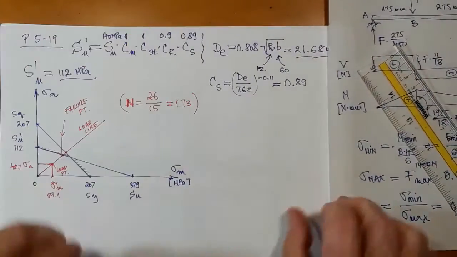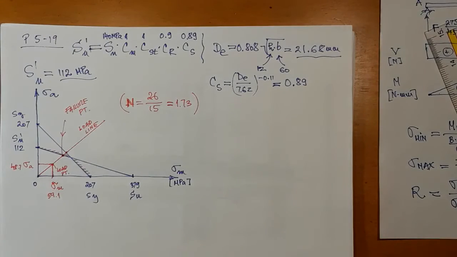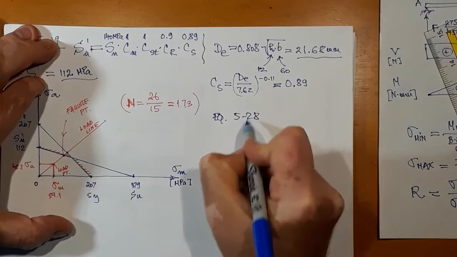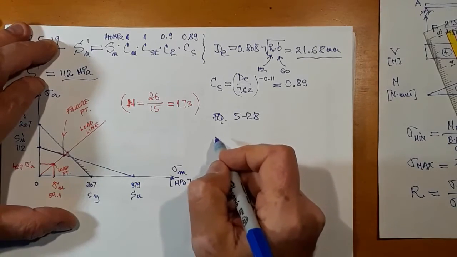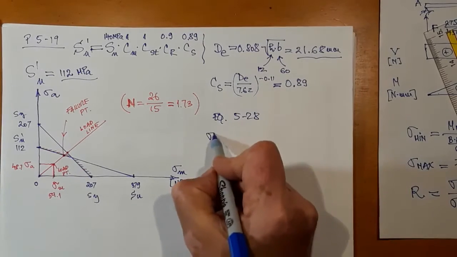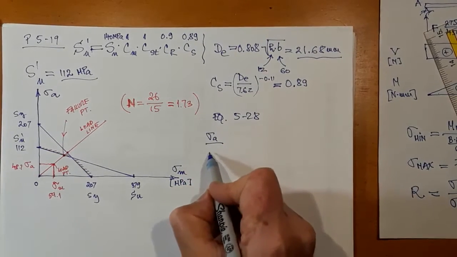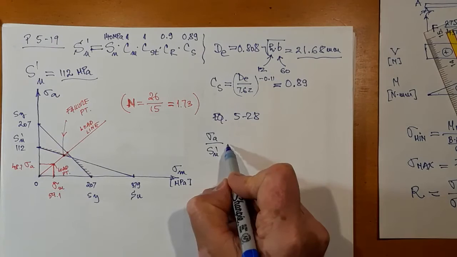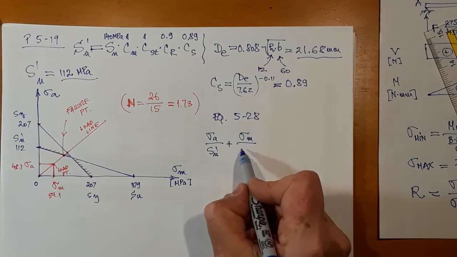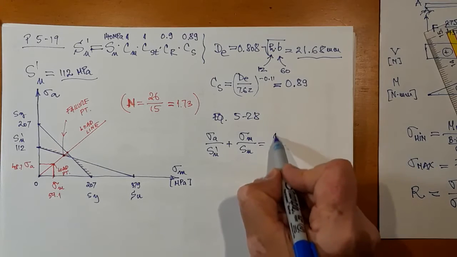So let's see, I have equation 528 and kt again is 1, so I have sigma a over Sn prime plus sigma m over Su equals 1 over n.